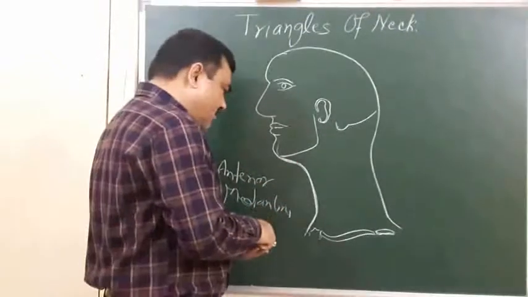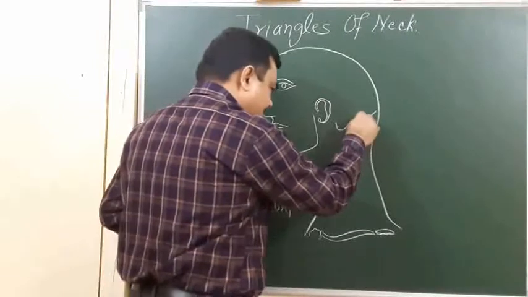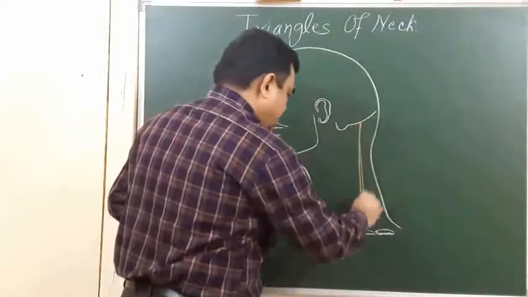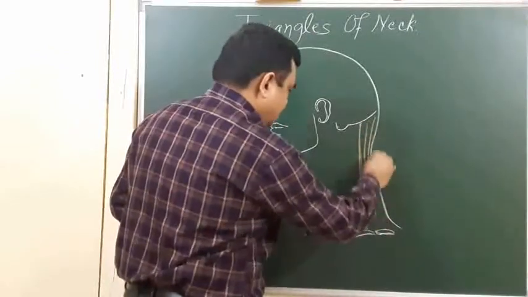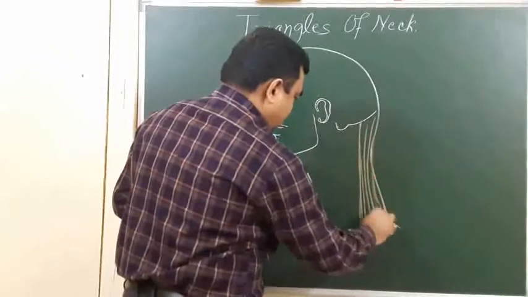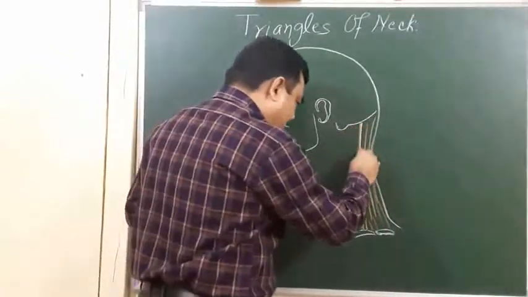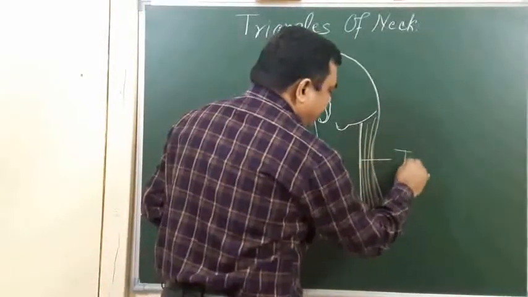Posteriorly, it is bounded by the anterior border of the trapezius. This is the position of the trapezius.